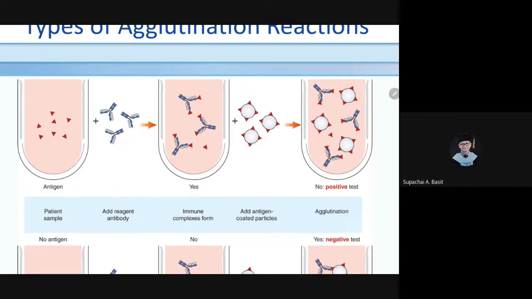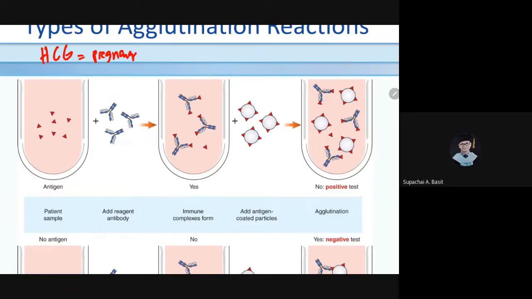Let's say the antigen that we have here is HCG, human chorionic gonadotropin. It is a hormone found during pregnancy. So, in serological reaction, even if you are detecting hormones, you can also treat those hormones as an antigen in the context of serological reaction.